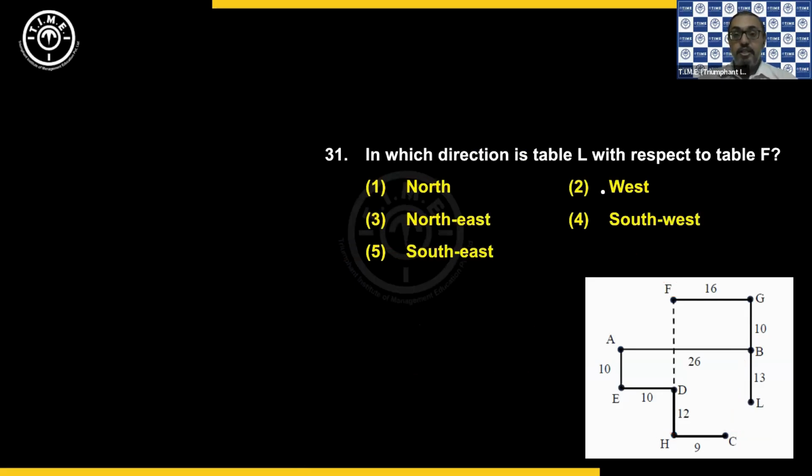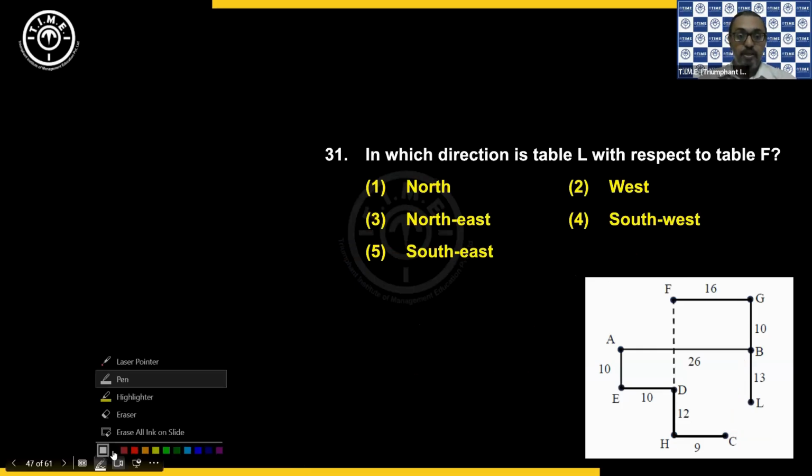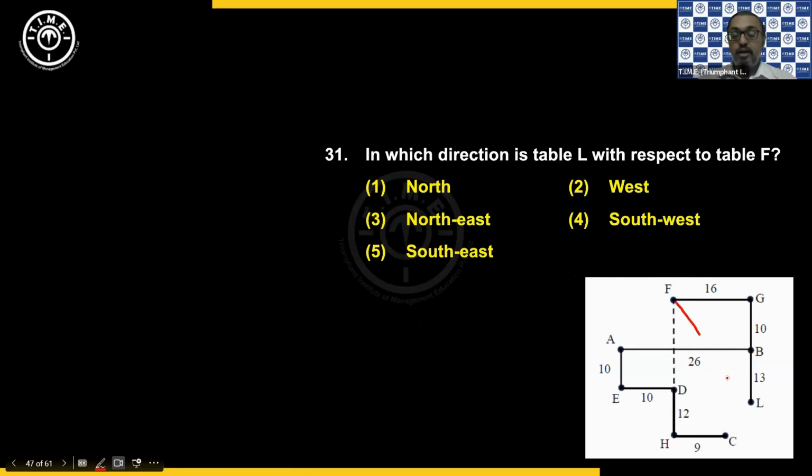Then in which direction is a table L with respect to table F? So with respect to F, in which direction is L? So L is the direction I want. So from F, I need to check. So this is the direction we have. So the downward direction is south. Our right direction is east. So in between I get is southeast, and that is available in the 5th option.